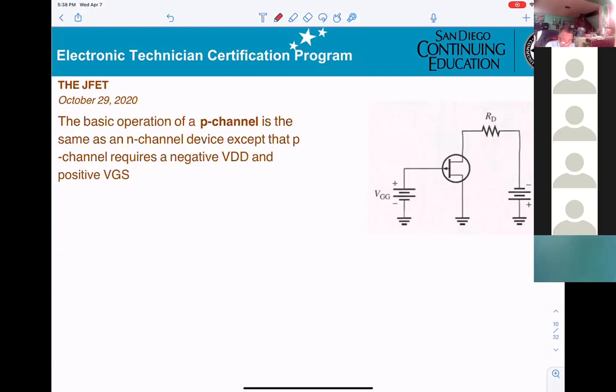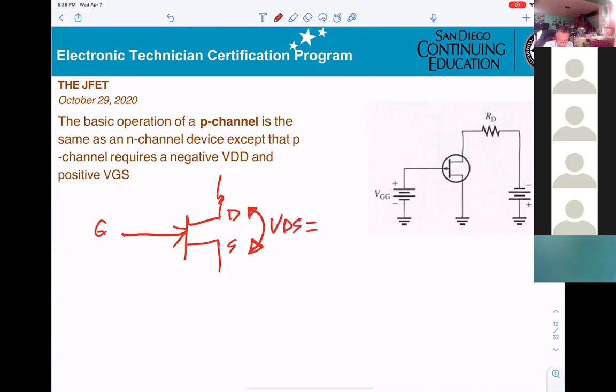And also, if you have an N channel, with D here, S here, and that will be G. So VDS means VD minus VS, with positive and negative voltage here.